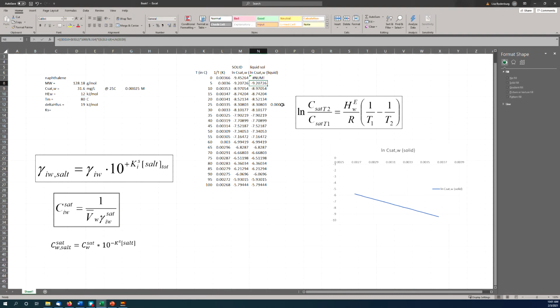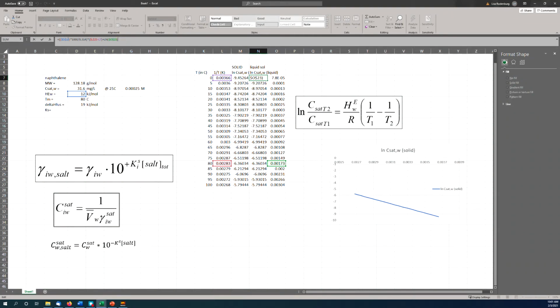For the moment, it'll give us a weird divide by zero error, but we're going to copy that. Okay, now this should work, because now I have a number here. This is my aqueous solubility right at the melting point, right? And I think I've done everything else right with this formula.